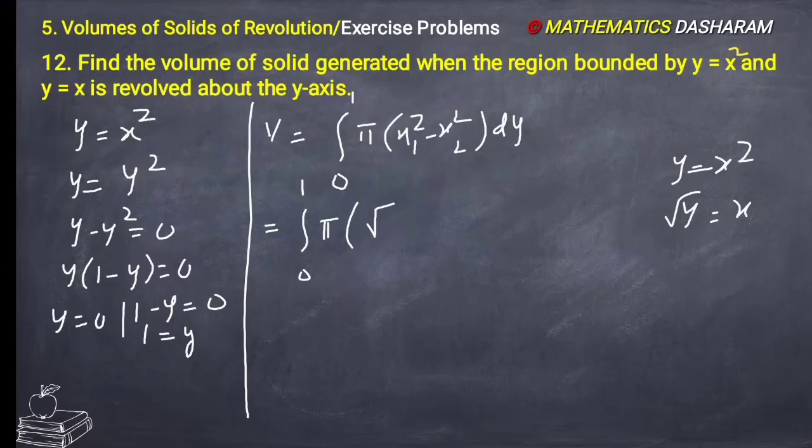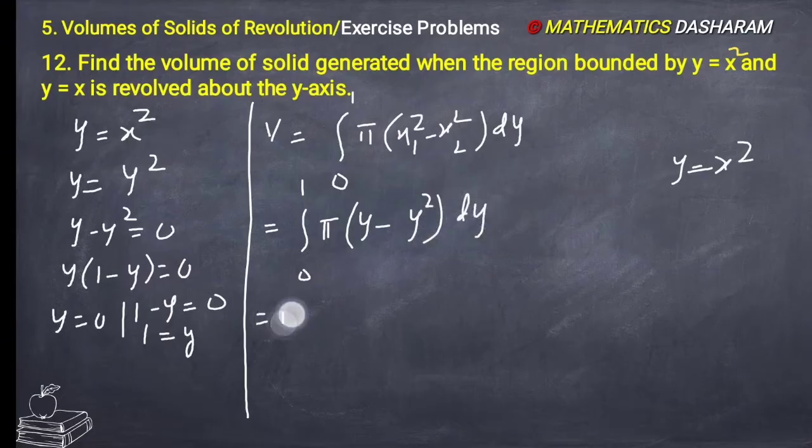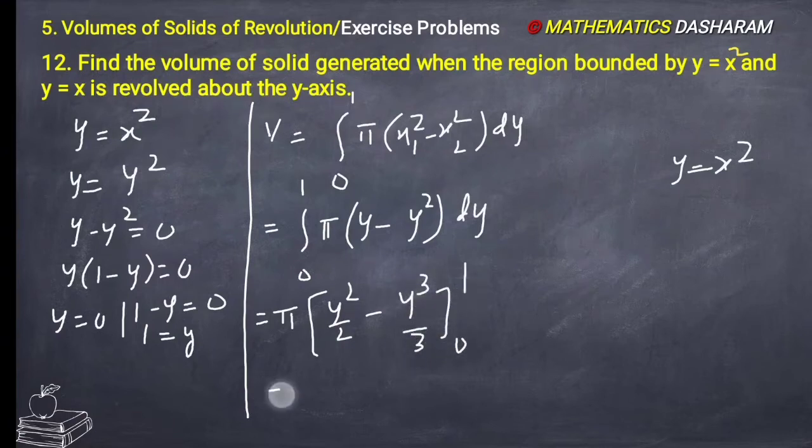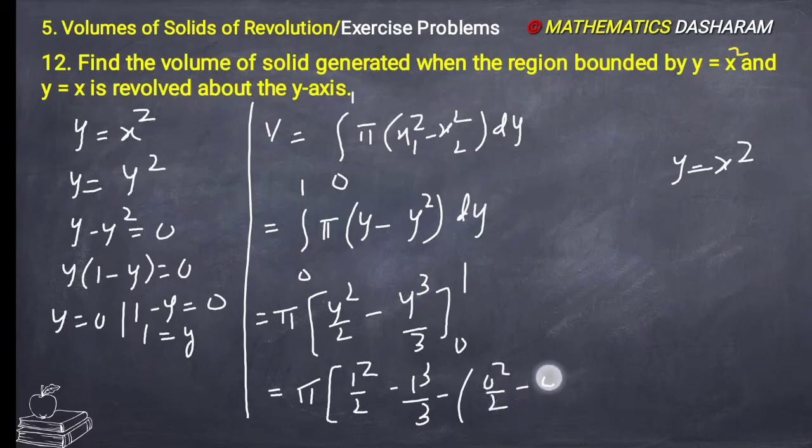Otherwise we can substitute directly, x squared equals y, so y. x2 squared means from this x value is y, so x2 squared means y squared dy. So pi bracket of here integration of y is y squared by 2 and integration of y squared is y cubed by 3, 0 to 1. Now substitute the limits: 1 squared by 2 minus 1 cubed by 3, minus 0 squared by 2 minus 0 cubed by 3.